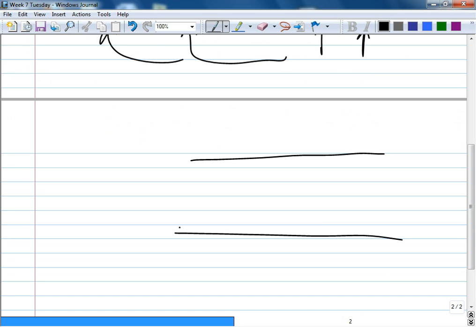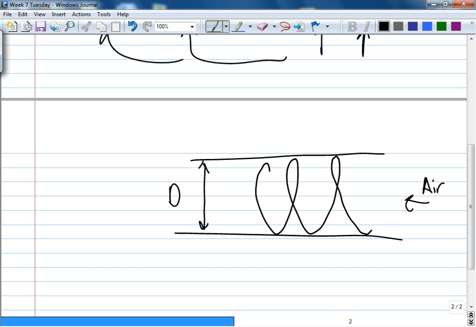Maybe this one is a pipe of diameter D. In full scale, maybe you have some air going through here, and you have some spiral in here, some helix spiral. This one has a diameter small d, some wire.